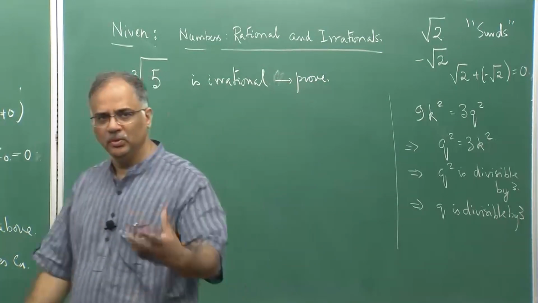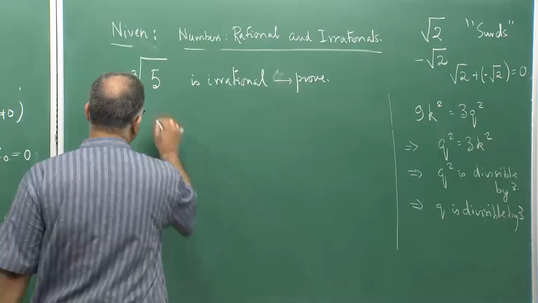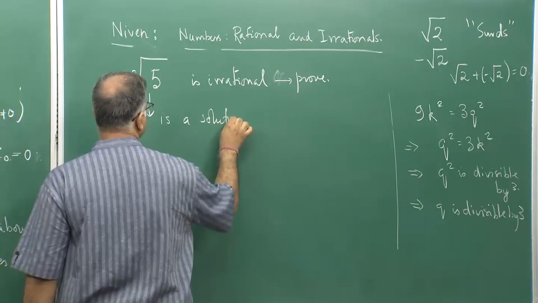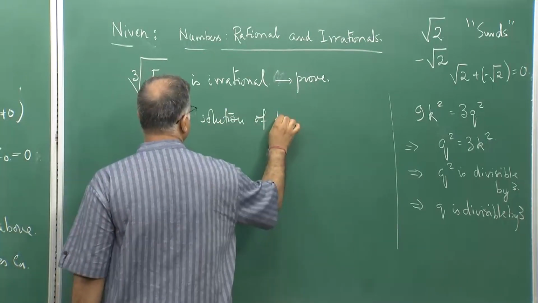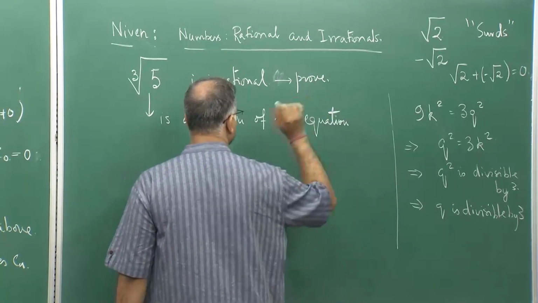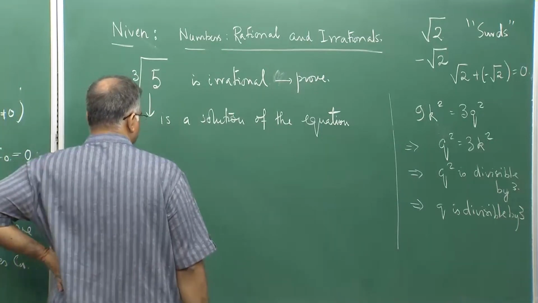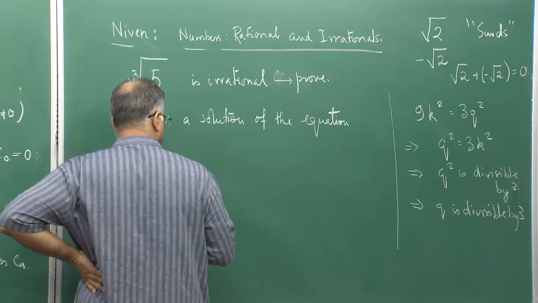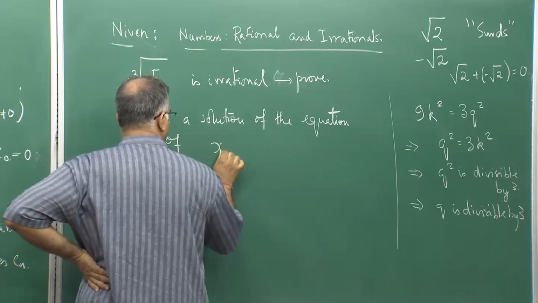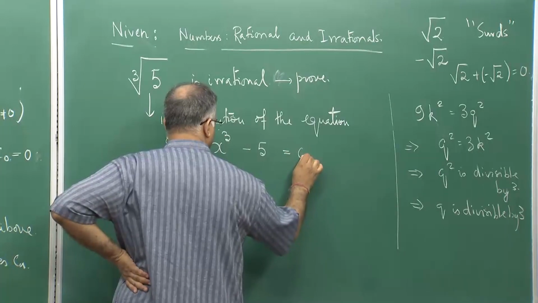This simple idea can be beautifully used here, because I can now write that this is a solution of the polynomial equation of degree 3, x cube minus 5 is equal to 0.